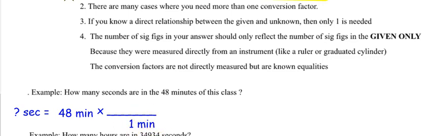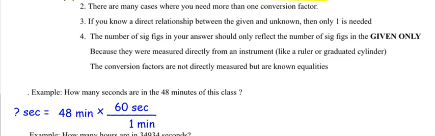And what unit are you looking for? You want seconds. Do you know a relationship between minutes and seconds? Yeah, sure. There are 60 seconds in 1 minute. So now I'm going to take 48 times 60 divided by 1. What else do you notice here?